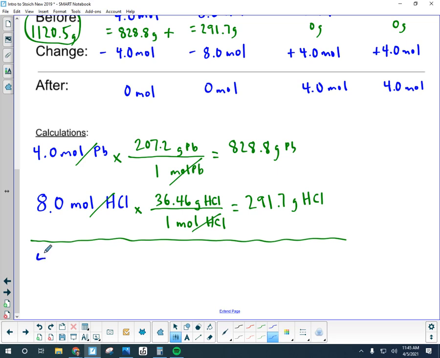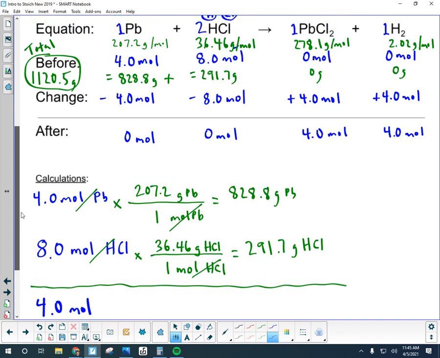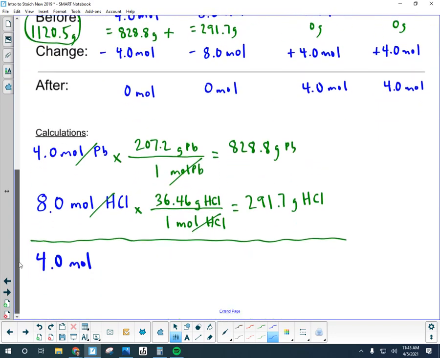So I want to do the conversion for 4 moles of PbCl2 and 4 moles of H2.